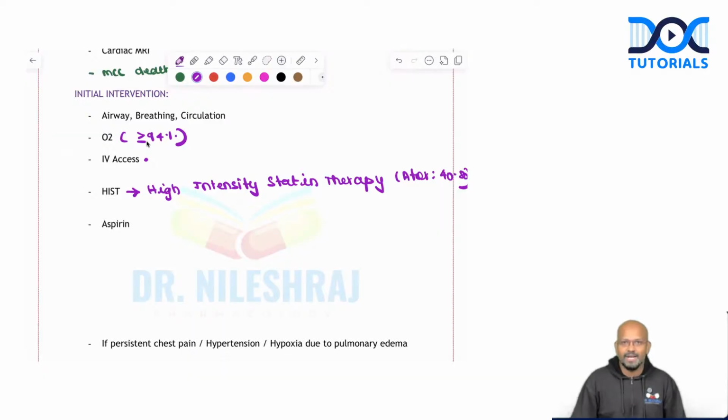It has been recommended usually for very high LDL levels, because the ability to decrease the LDLs will be more as the dose of statins increases. Even though in clinical practice HIST is not highly recommended, because the patient might progress on to rhabdomyolysis or myalgia, in case of life saving, if you want to save the patient, we have to opt for HIST, high intensity statin therapy.